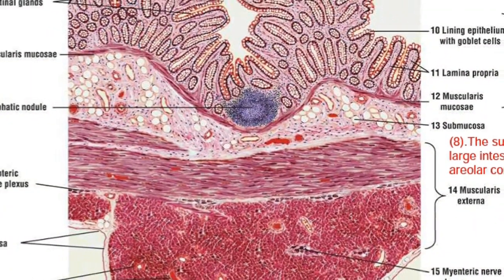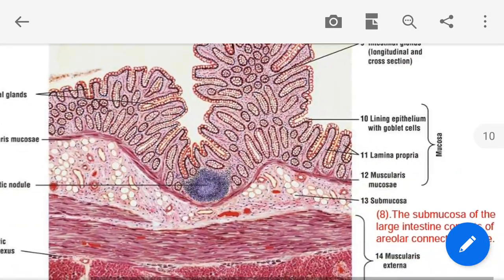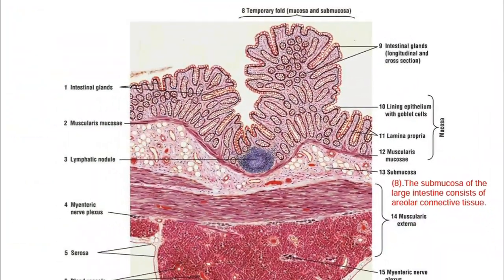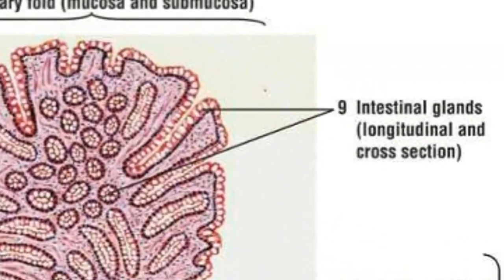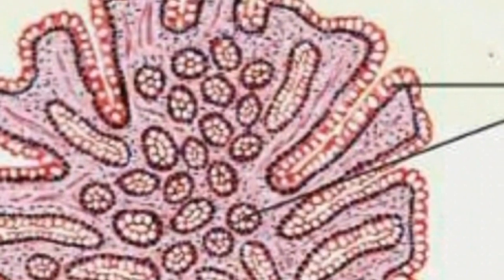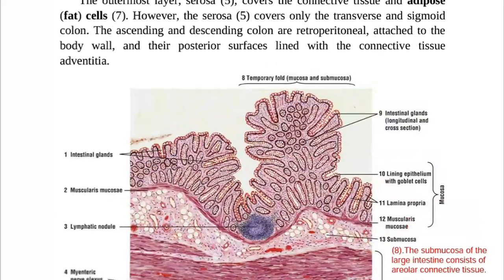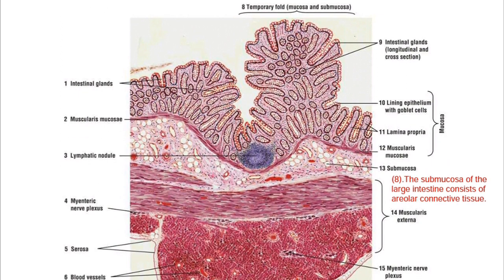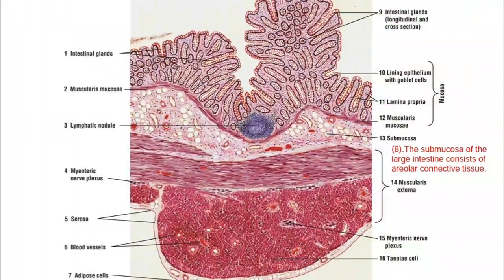Now this figure is also a very important one. This is the mucosa, which is present around the lumen, and you see the intestinal glands. The intestinal glands are shown in longitudinal section, and over here they are shown in cross section. This blue color is the lymphatic nodule.